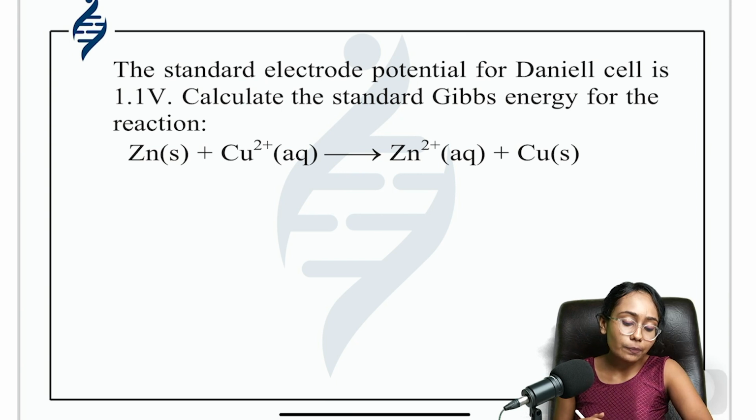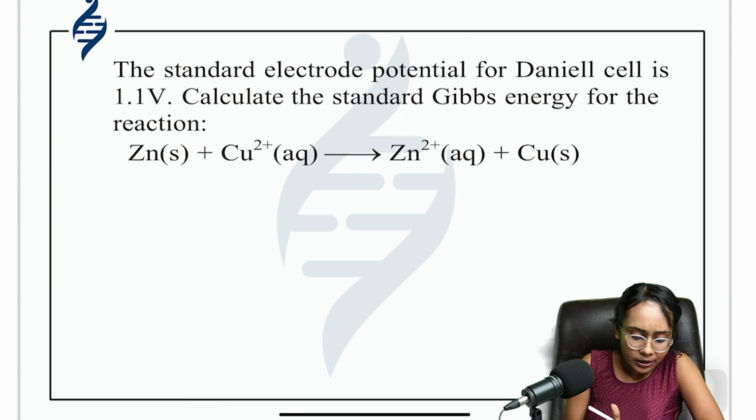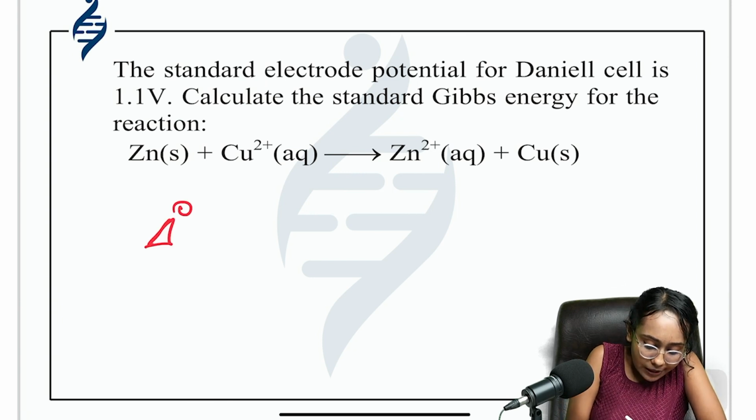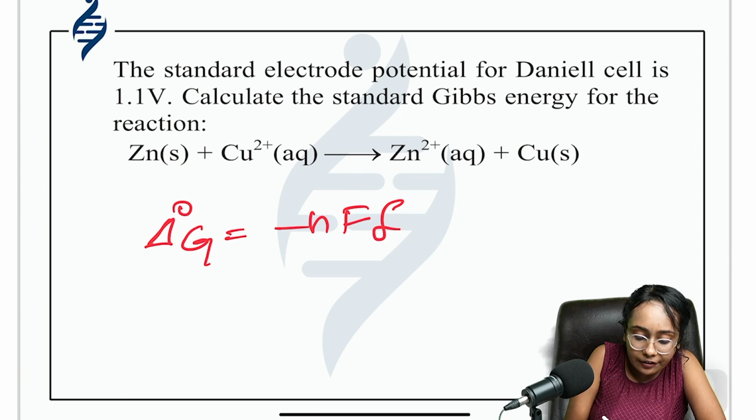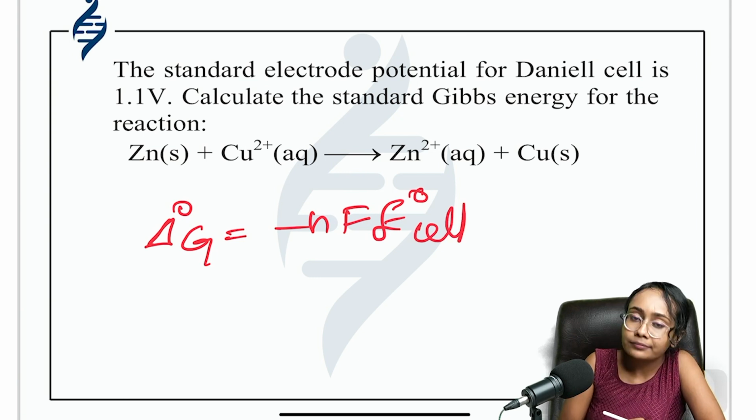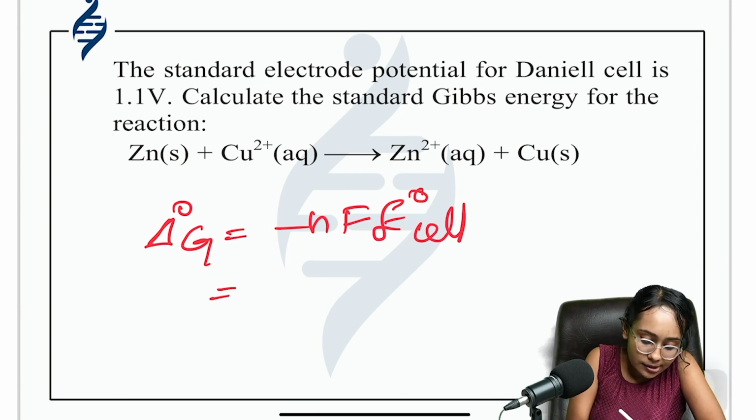The standard electrode potential for Daniel cell is 1.1 volts. Calculate the standard Gibbs free energy. The equation is minus nF E naught cell. Here n is 2.